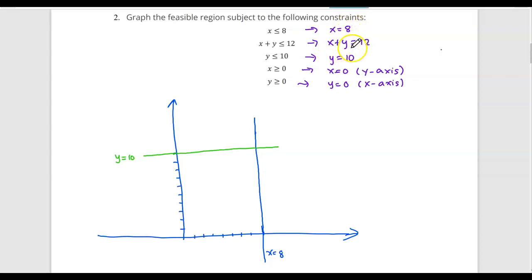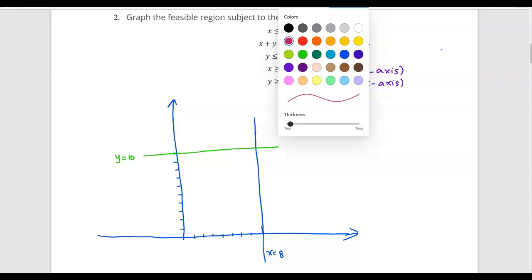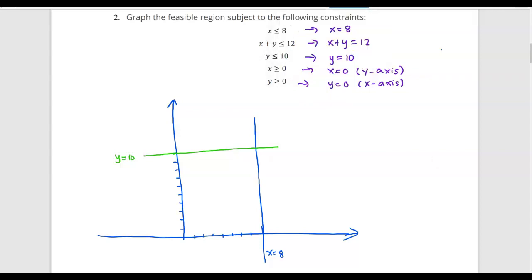Then let's now graph the line x plus y equals 12. You can pick 2 points that satisfy that equation. You can make a table for x plus y equals 12. When x is 0, y is 12, and when y is 0, x is also equal to 12.